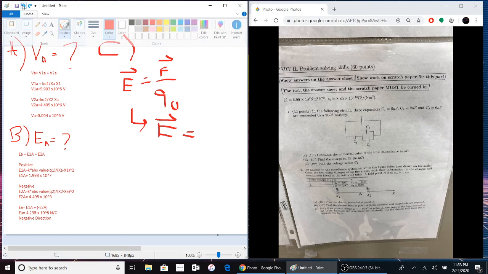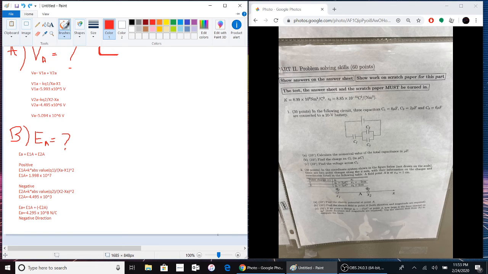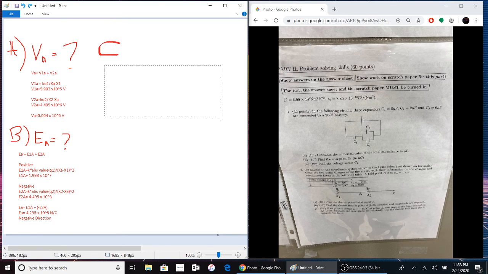You know what, I'm not good at this drawing part. I'm just going to go ahead and type it out. So when you take this, you can go ahead and find F here.